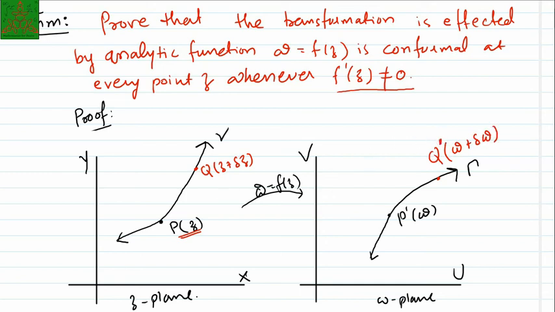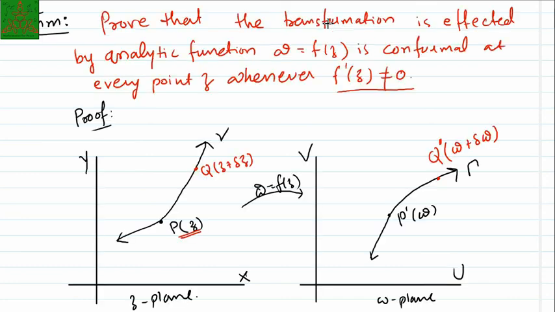So from this what we get is PQ, that is the vector which is delta z, and P dash Q dash, which is delta w, that we can see here, that is this vector.